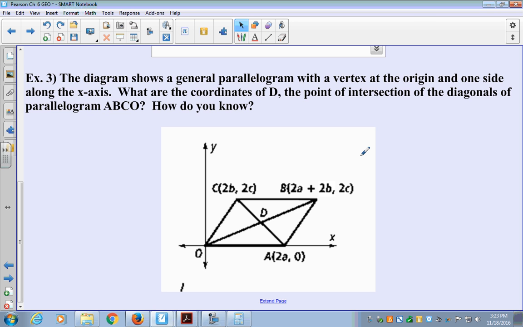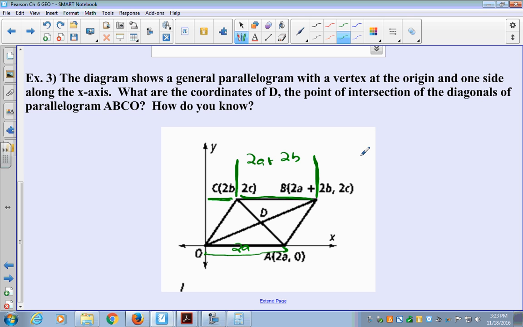So we know that the distance from here to here is 2a. We know that this distance from here to here is 2a plus 2b, because 2b is this little guy right here. 2a is this distance here.